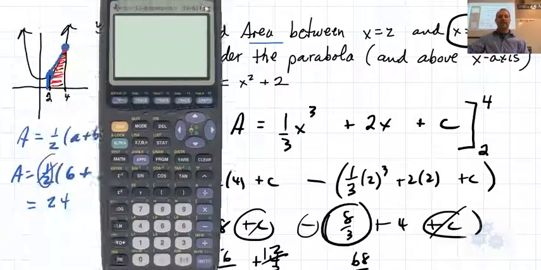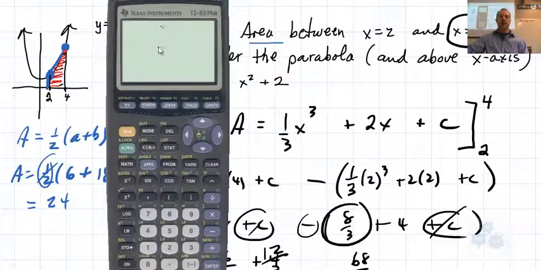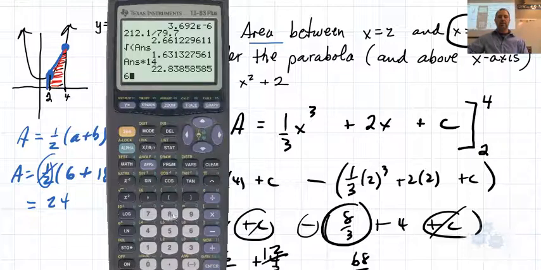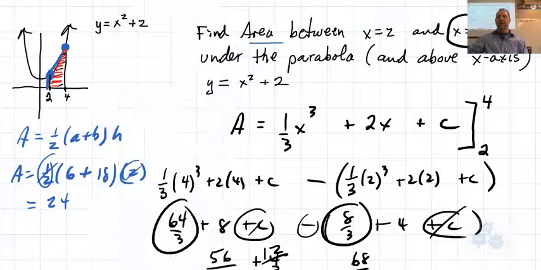Now, we guessed an overestimate of 24 and an underestimate of 22.2 maybe. What is 68 divided by 3? Oh my goodness, 22.67, so about 22.7. Isn't that amazing?